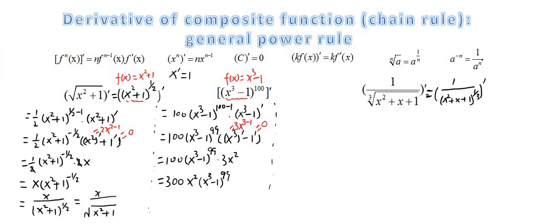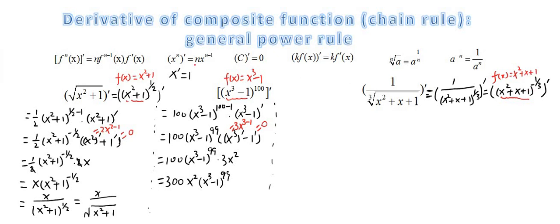Okay, and here we can apply the last formula again. We're gonna get x squared plus x plus 1 to the power negative n. Here n is 1/3, so here it should be negative 1/3. Now we can find f(x). f(x) equals x squared plus x plus 1.